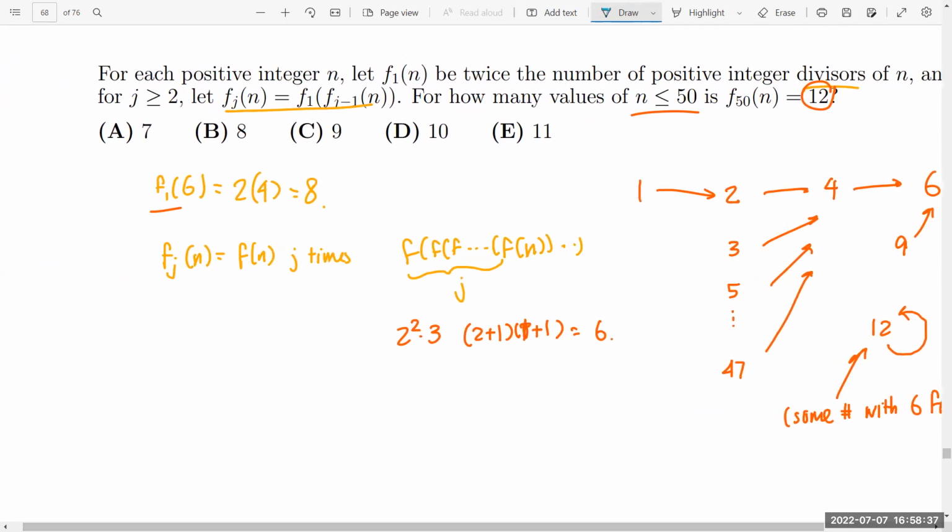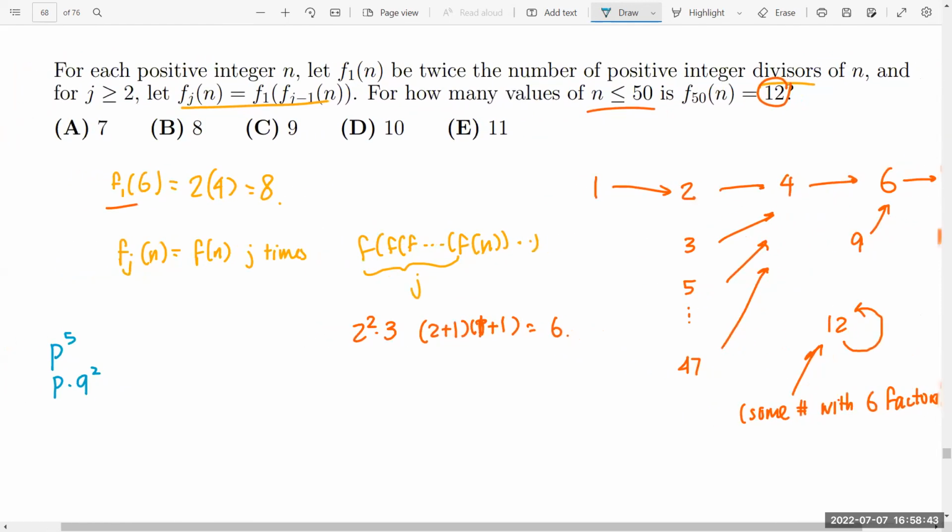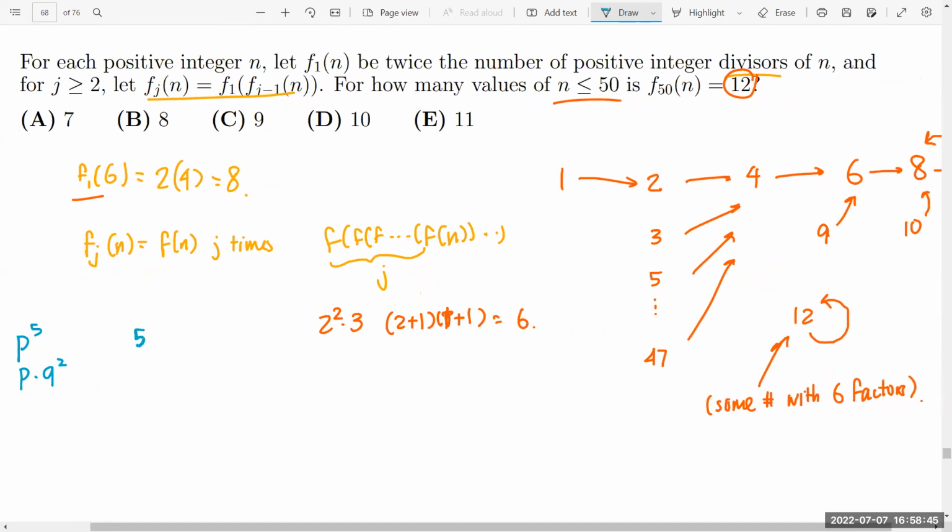Numbers with 6 factors are either of the form p to the 5 or p times q squared, where p and q are distinct primes. Because p to the 5 has 5 plus 1 factors, and p times q squared has (1 plus 1) times (2 plus 1), so that's 6, and that's 6. For p to the 5th, the only case here would be 32.